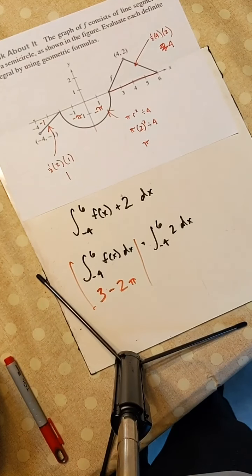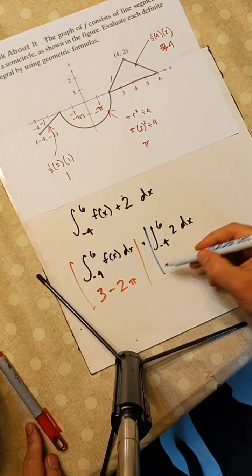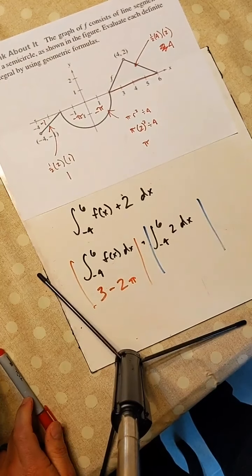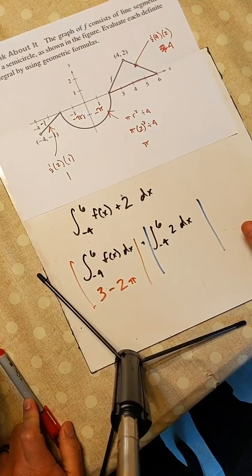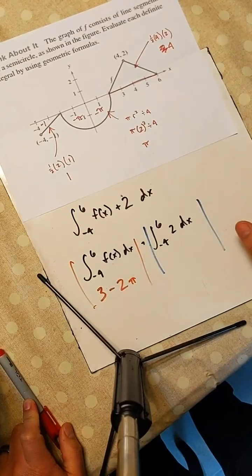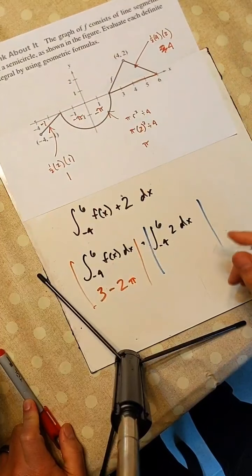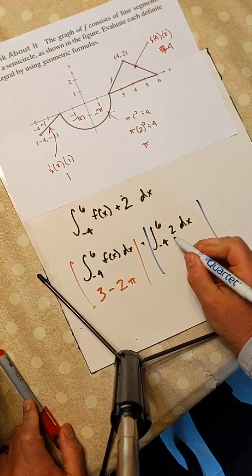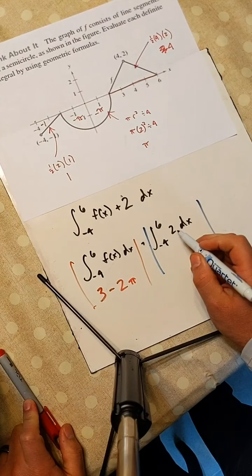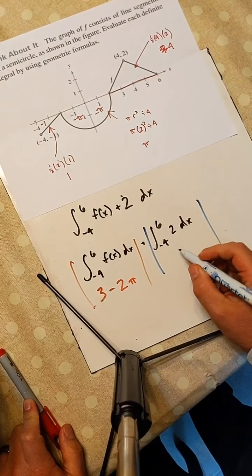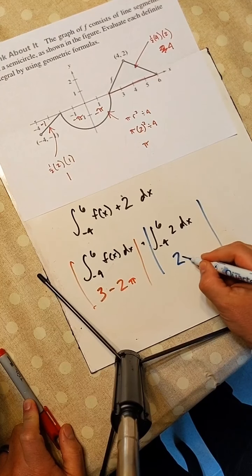Now, the other part is this problem here. What's the integral from -4 to 6 of 2 dx? Well, there's no x's or anything. There's no f of x, so we don't need to look at the graph. We can just do the old integral rules. Remember, the integral rule is to take this and bump it up 1. So 2 becomes 2x.